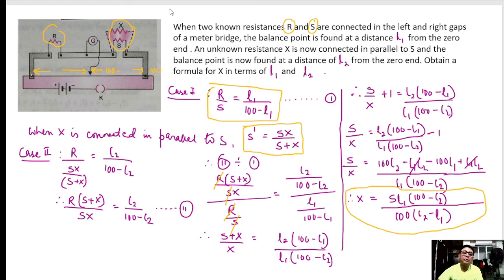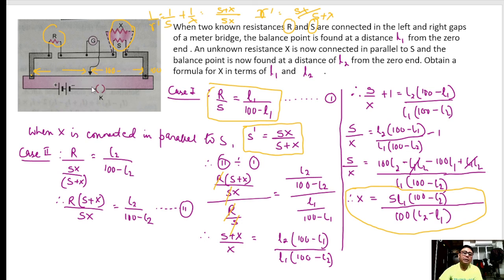We do 1 by S plus 1 by X. Okay, net resistance we are finding. So it is the reverse of this, and the resistance will be Sx by S plus X. This is the net resistance here.